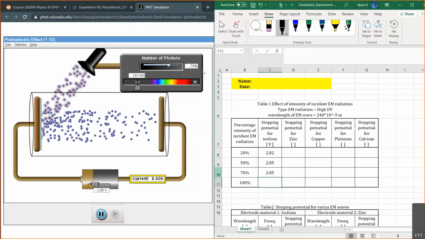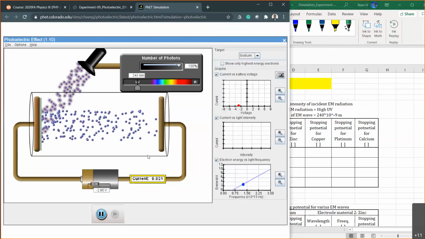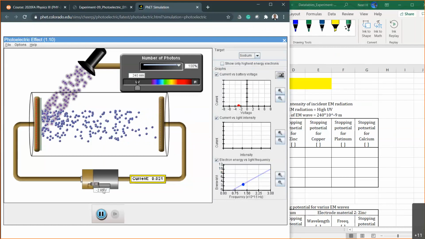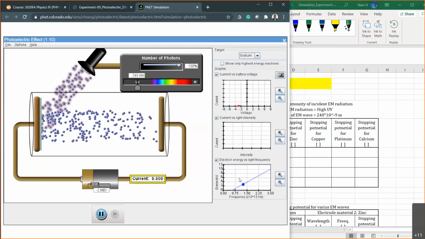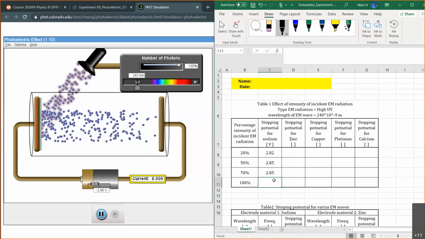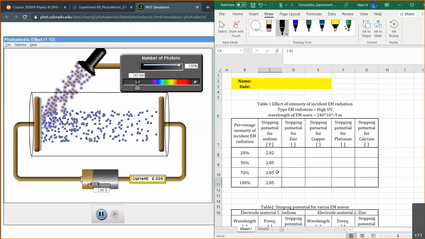Okay? Let's try 100%. Okay, still small current is there. So let's try with 2.86 is 0. So it almost slightly changes from 2.82 to 2.86.